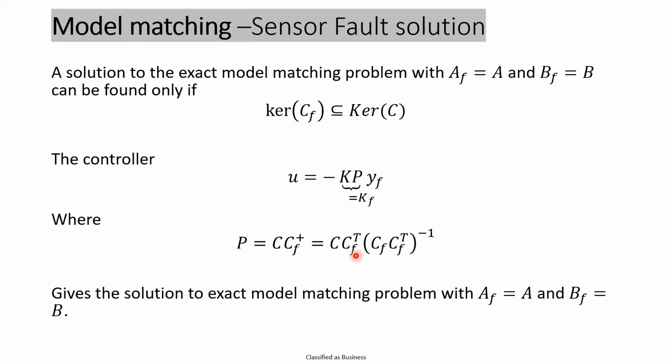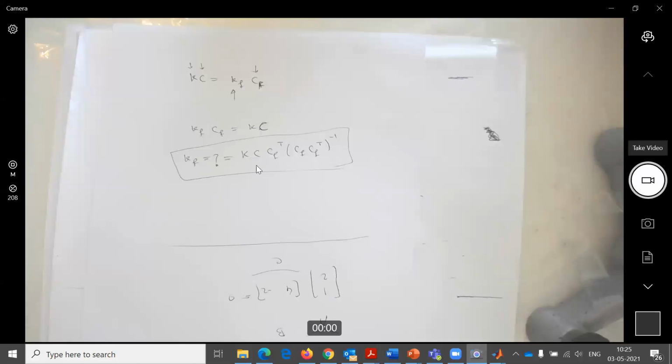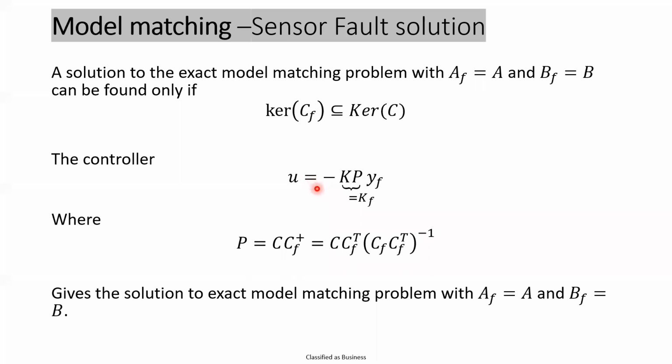I just wrote on the piece of paper that KF is K, C, and then this matrix. And now here you have C and this matrix, but because KF is equal to K multiplied by P, this is only the P part. So if you substitute this one here, you will get exactly what I said.